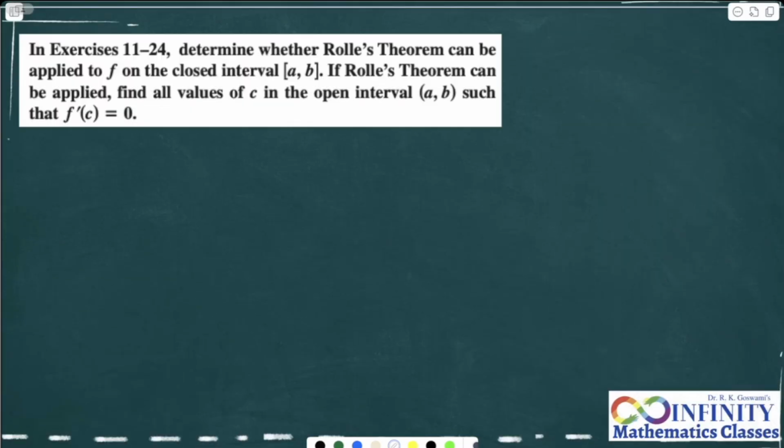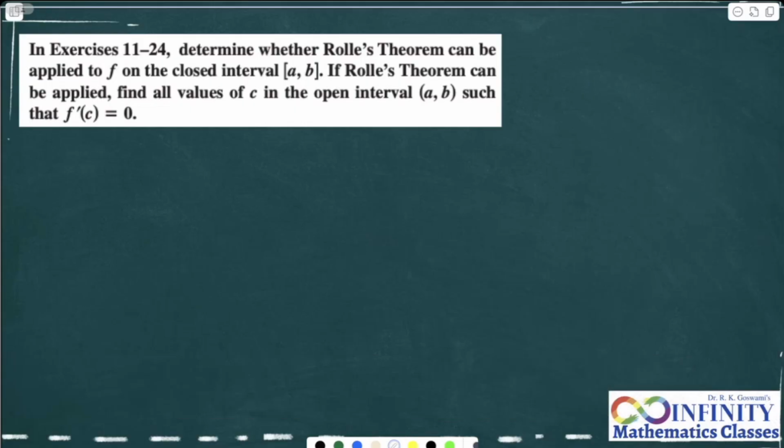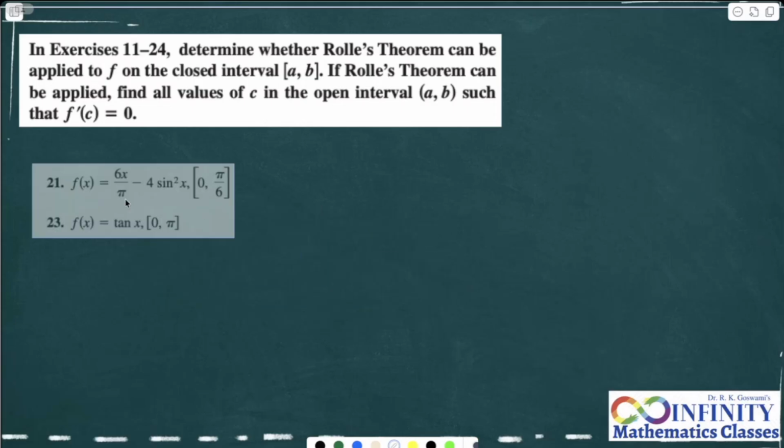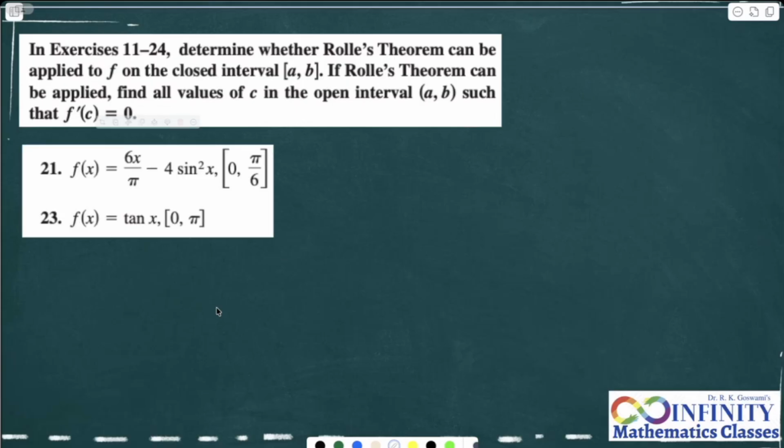Okay. So the questions you need to help me with are 21 and 23. These are the questions. Determine whether Rolle's theorem can be applicable. You got it? Okay, so you have got two questions. Can you please try to help me with 21 first?